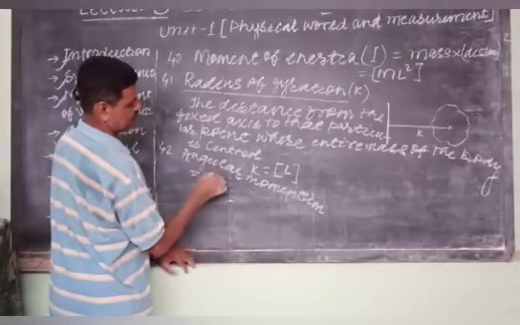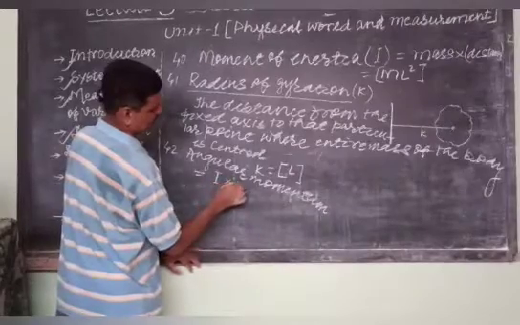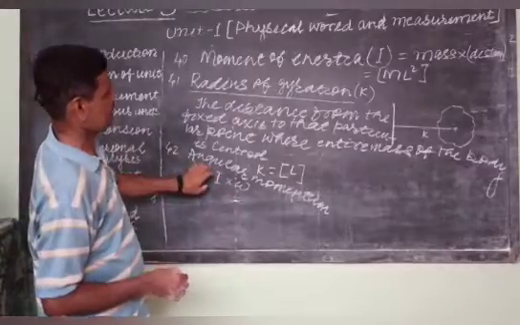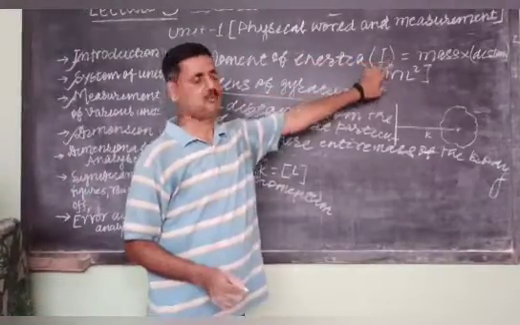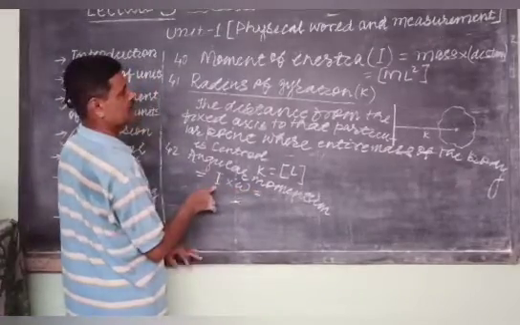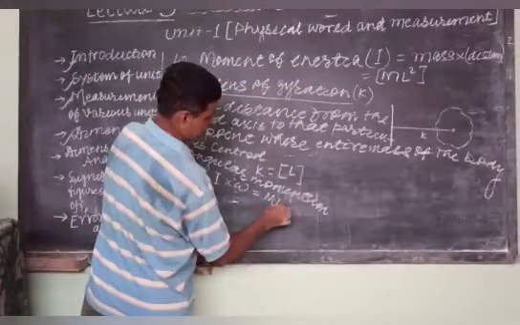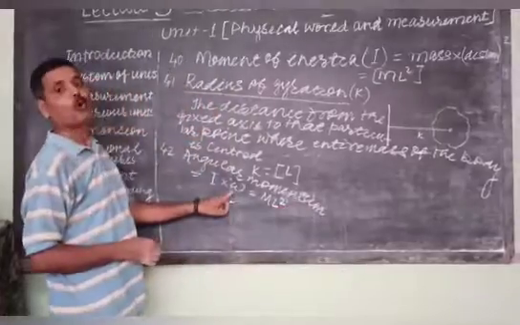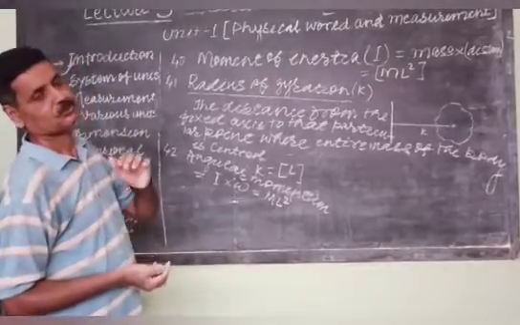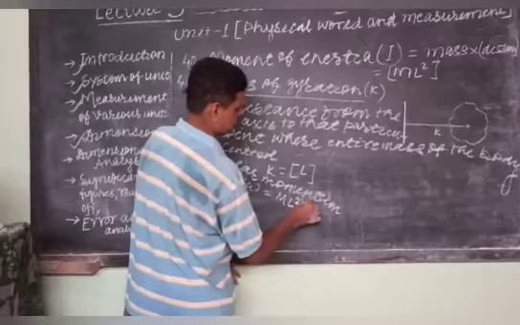I means moment of inertia, and omega is angular velocity. The dimension of I is ml square, and the dimension of omega, recall omega is equal to theta by t, is t to the power minus 1.